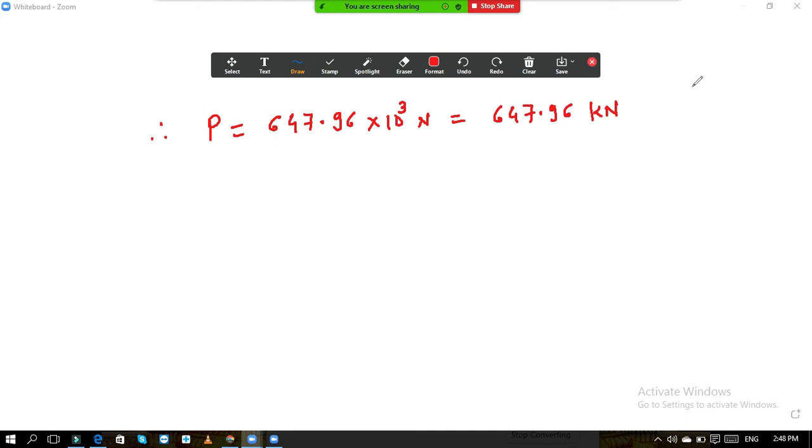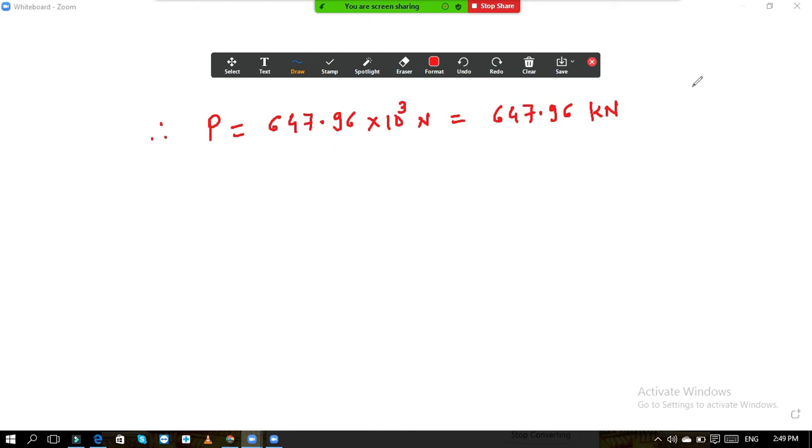But if an I section is given, you won't get it directly. You need to first find the moment of inertia of that I section, and then divide I by y. If the I section is unsymmetrical, then you will get two values of Z, that is Z top and Z bottom. And accordingly you have to solve the further problem.